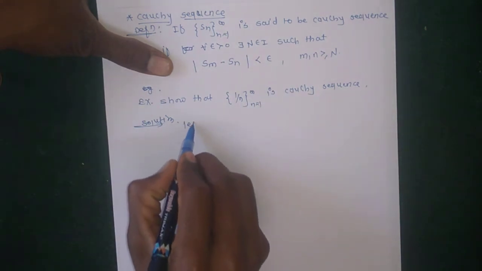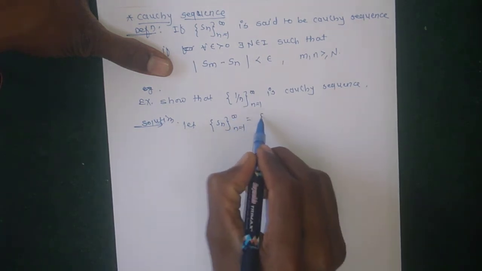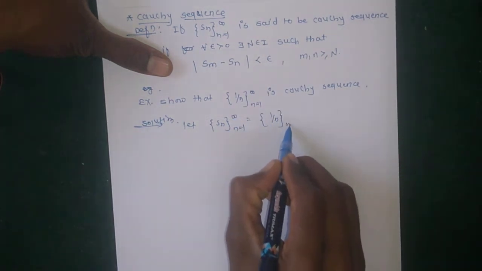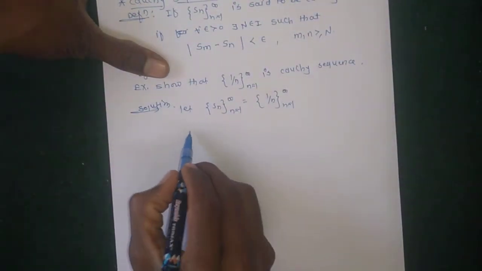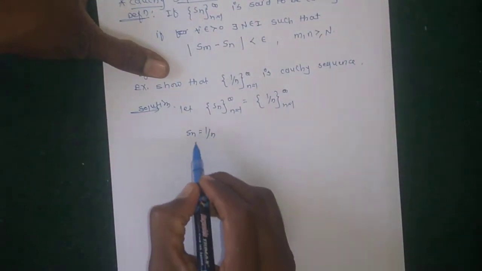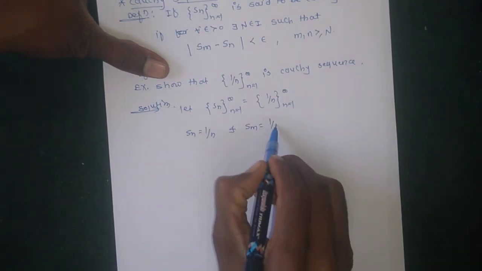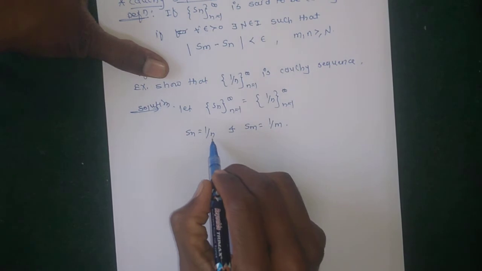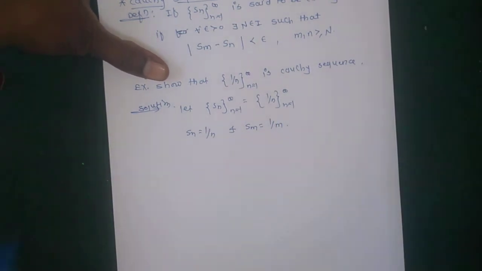So here let the sequence Sn, n runs from 1 to infinity, be equal to the sequence 1 upon n, where n runs from 1 to infinity. Therefore Sn is equal to 1 upon n and Sm is equal to 1 upon m. This is the nth number, this is the mth number.